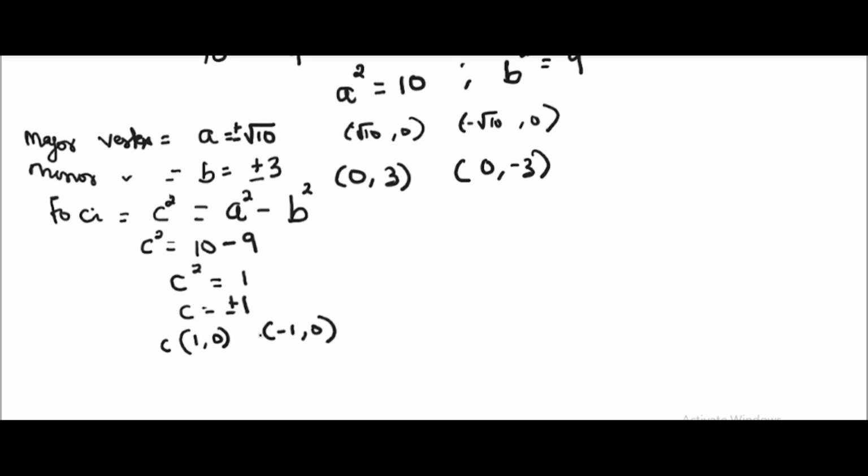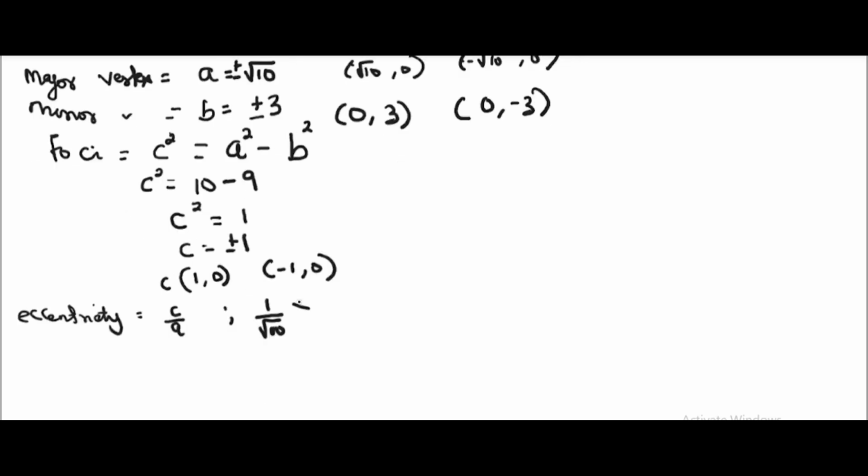So for the eccentricity, e is c over a. We've gotten our c to be 1, while our a is the root of 10. Because I don't advise students to leave a surd in the denominator, let me just rationalize.